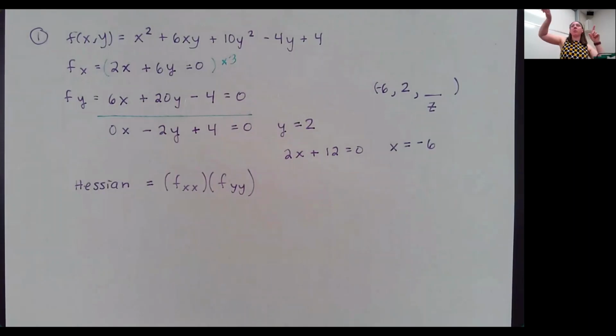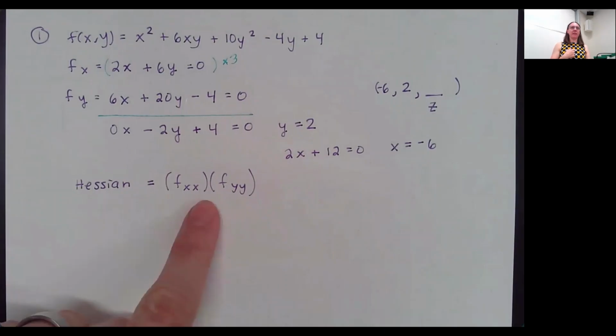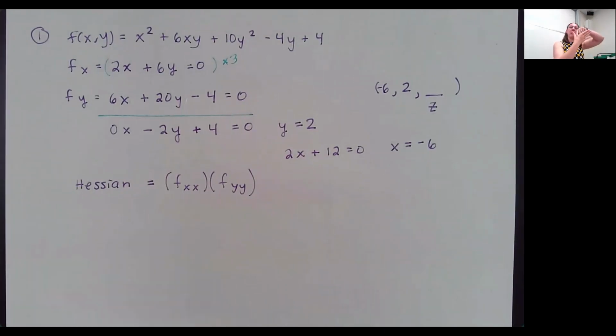If I'm concave up in both the x direction and the y direction, then I must be at a minimum. If I'm concave up in one direction and concave down in the other, this term will be negative. And that's what's happening at one of those saddle points, where I'm concave down in one direction and concave up in the other.